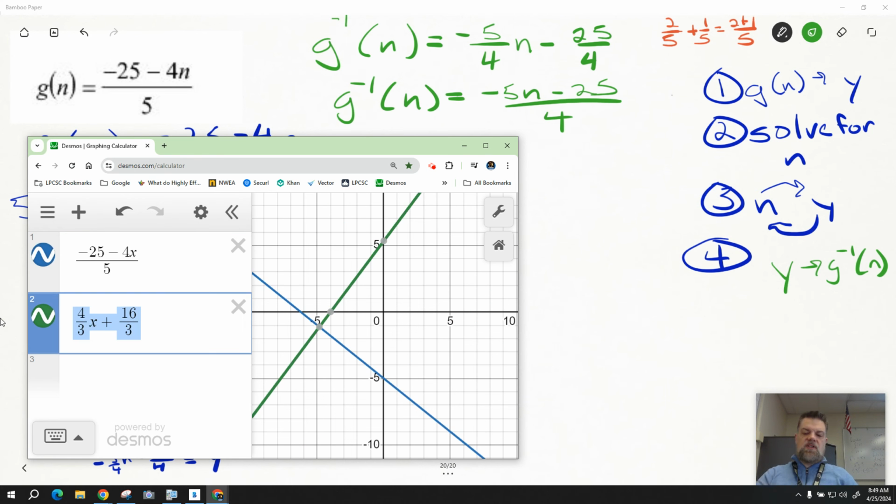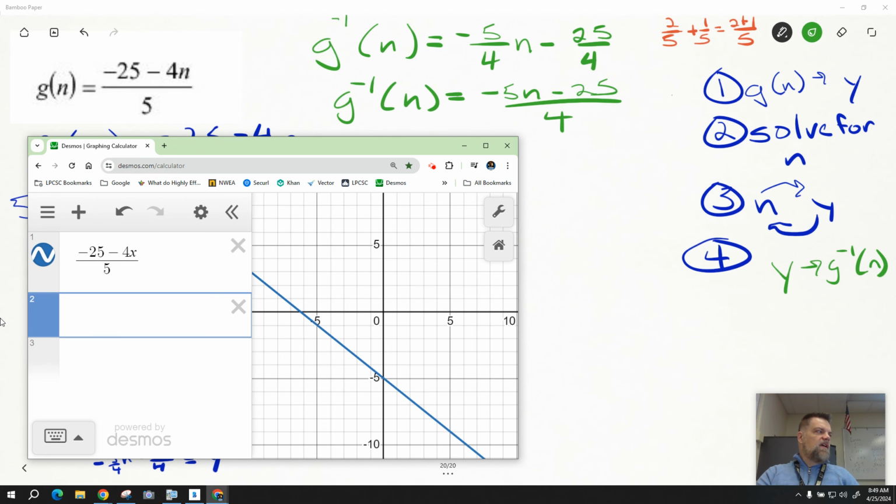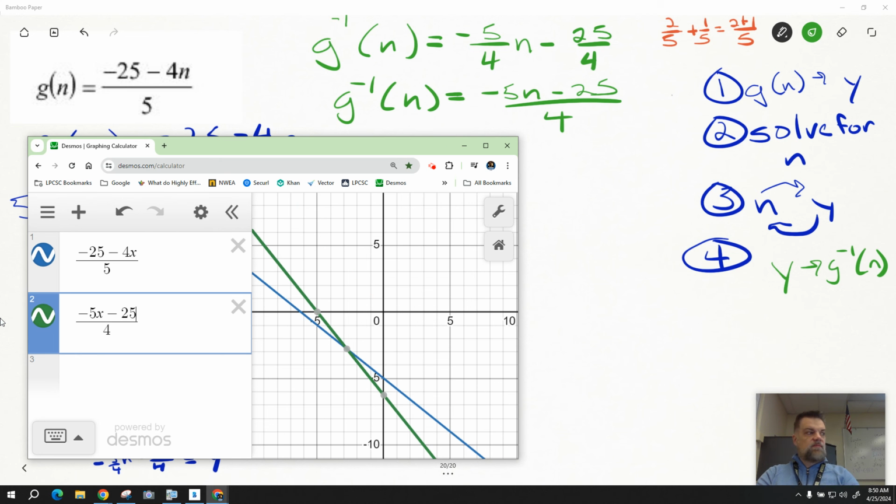See how it works like that? So then I need 5 divided by 4. Then I got to put the negative sign in here. Negative 5 n. Oh, not n. It has to be x, right? X minus 25.